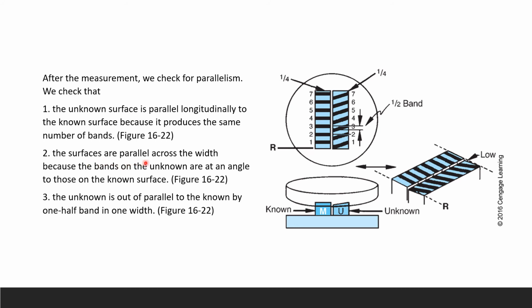Now, the surfaces are not parallel across the width because the bands on the unknown are at an angle to those on the known surface. So if you see the bands on the unknown at an angle to the known surface, we know that the surfaces are out of parallel across the width. And the unknown is out of parallel to the known by 1/2 band in one width. So these are all 3 points that we check for parallelism.